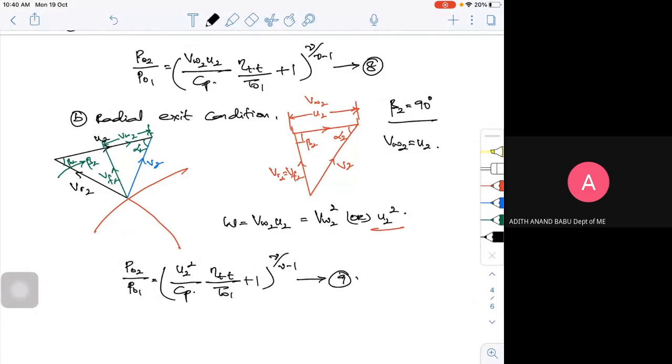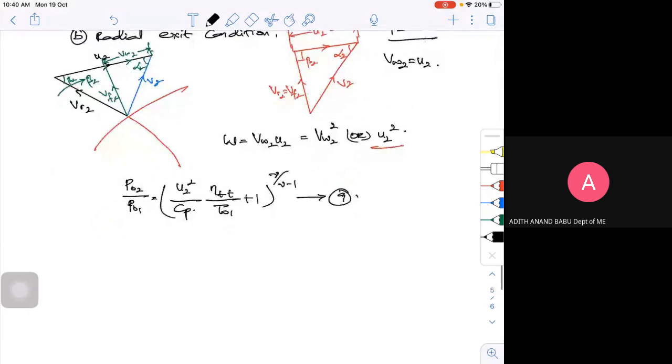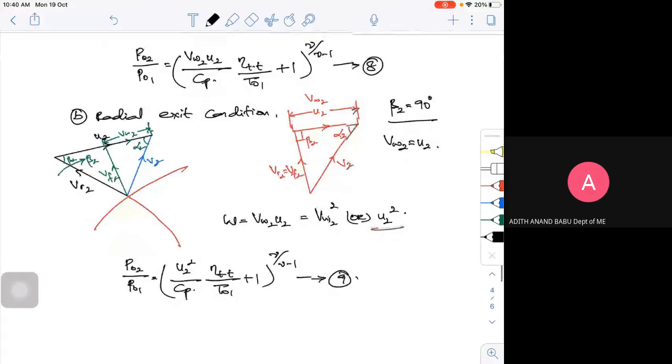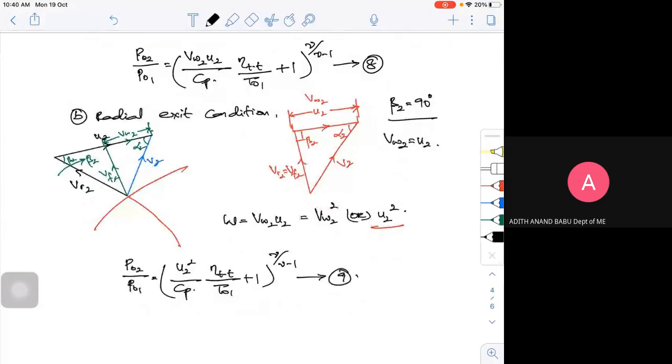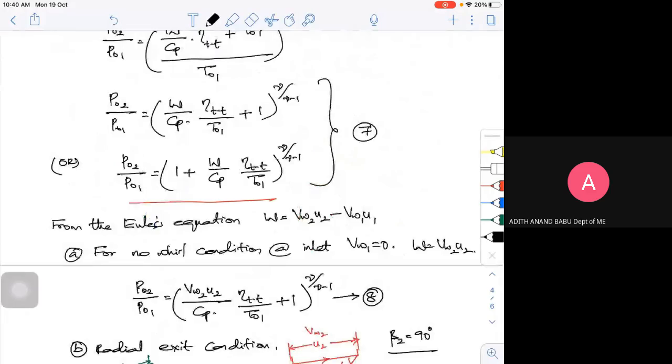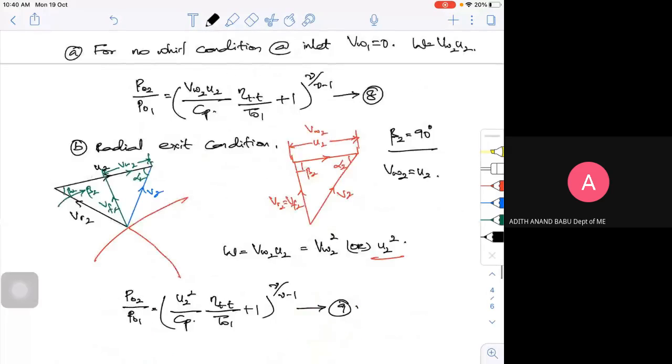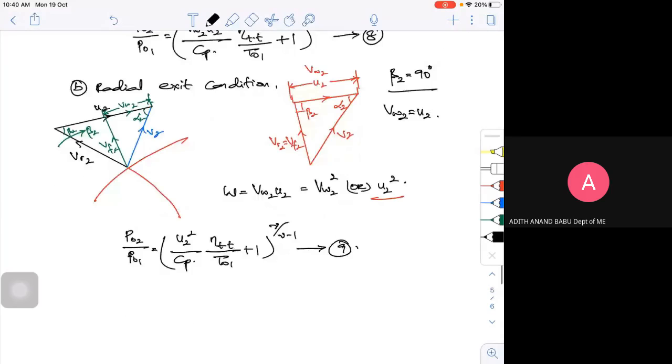To understand this, let us try to, so this is about expressions. The expression for the pressure ratio is, these are the expressions. Equation 7 is the pressure ratio equation. Then we have two different special conditions. One is a no whirl condition at the inlet, and the second condition is a radial exit condition where beta 2 is equal to 90.